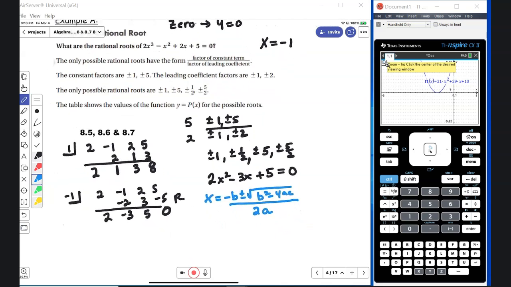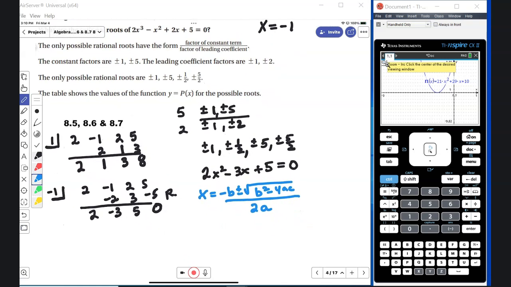So I'm going to go ahead and move it up just slightly. So we have x equals, we know that a is 2, we know that b is negative 3, and we know that c is 5. So we have a negative, and then a negative 3, so it's 3, plus or minus the square root of negative 3 squared minus 4 times 2 times 5, divided by 2 times 2.